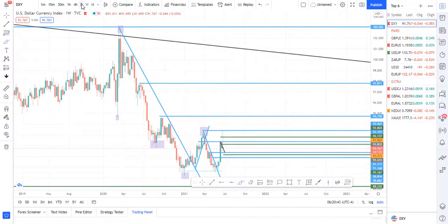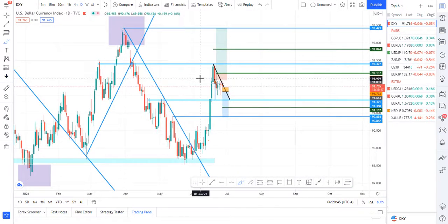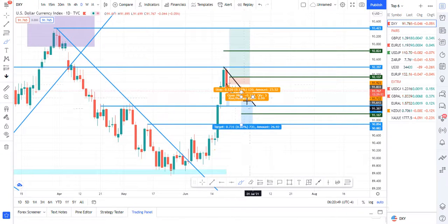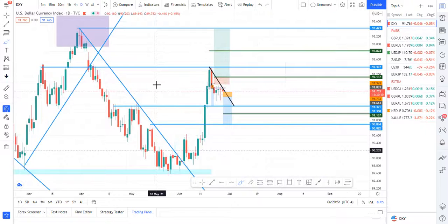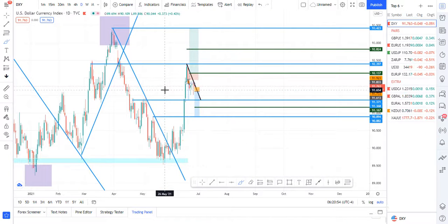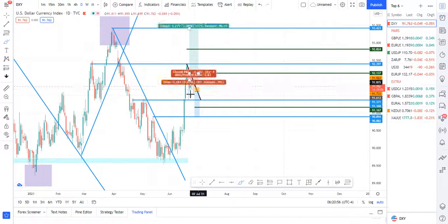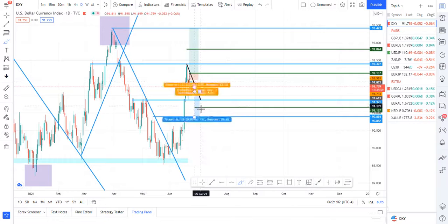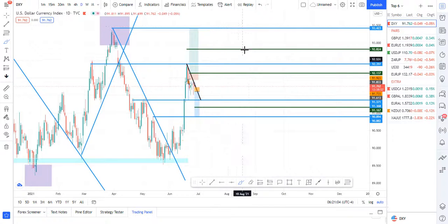So now let's go to the daily. When we go to the daily, we look at the price, we're in a correction. Corrections are always nice because they confirm that price is just correcting, and after a correction it always goes to the upside. And in uptrends we get higher lows, higher highs, higher lows, higher highs.